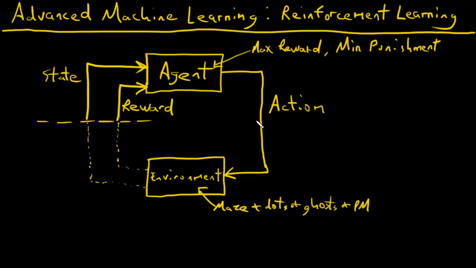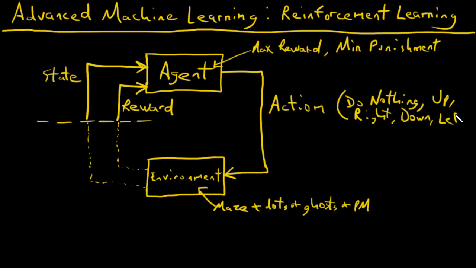Now, what are the actions that can be taken by the agent within the environment? Well, in Pac-Man, we got 5 actions that can be taken. You can do nothing, or you can go up, right, down, or left. Okay? So those are all the actions that Pac-Man can do.